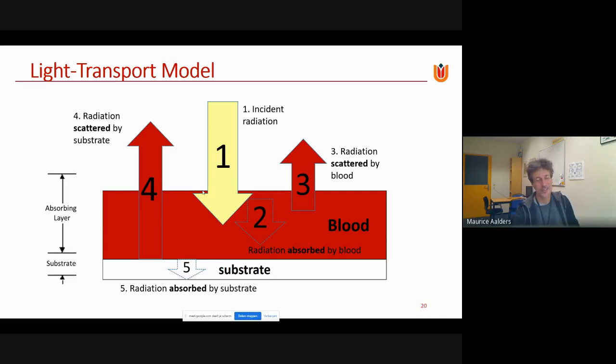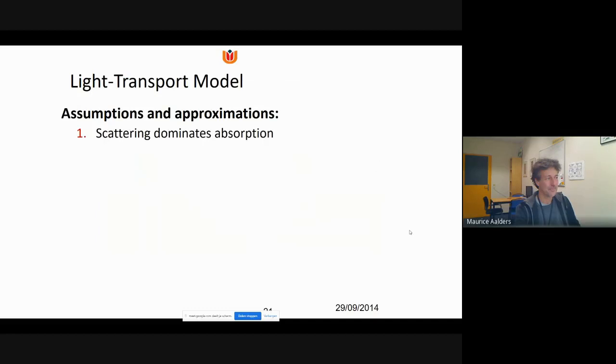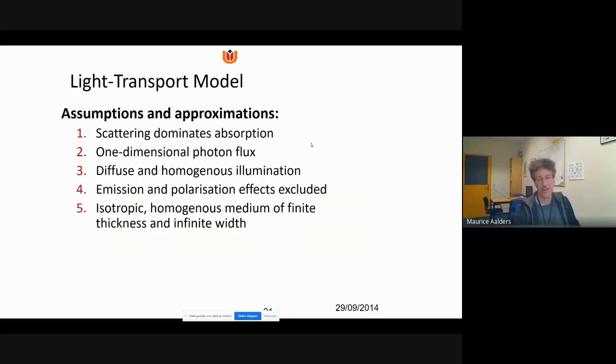It was used a lot in the early days, still used a lot in the paint industry, and we also use it. It's called the Kubelka-Munk approximation. And there are some assumptions to use these kinds of models. Scattering dominates the absorption. That's of course necessary, as you already heard, because we need a diffuse field.